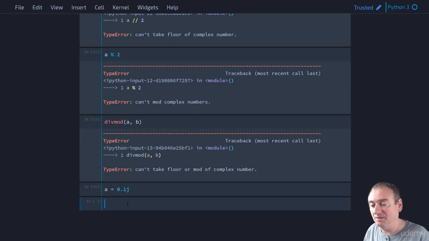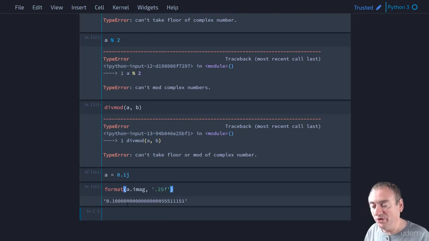It's still a complex number. And let's go ahead and format A.imaginary in this case. Okay. And let's go out to 25 digits after the decimal point. And as you can see, we do not have exactly 0.1. It's this binary float representation issue that we've discussed before.